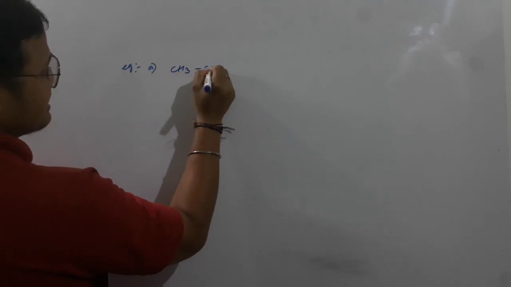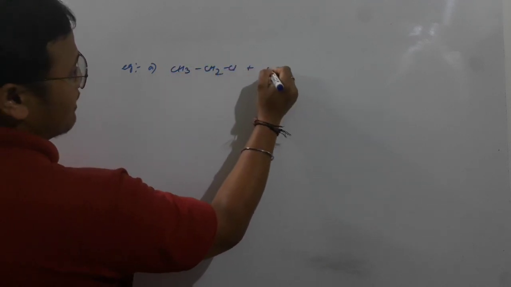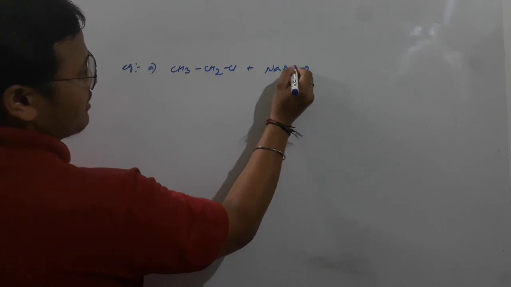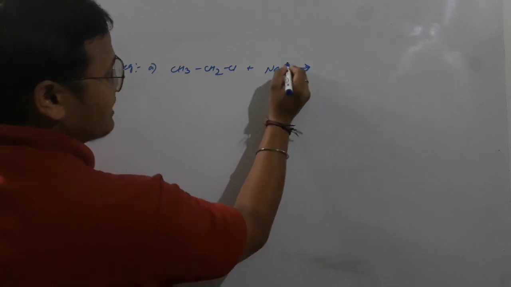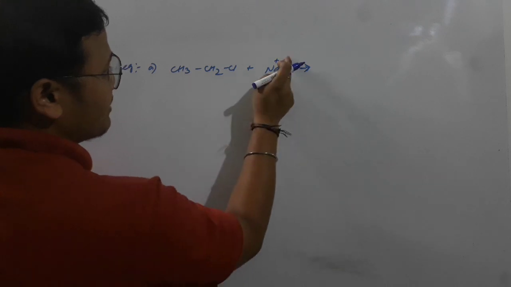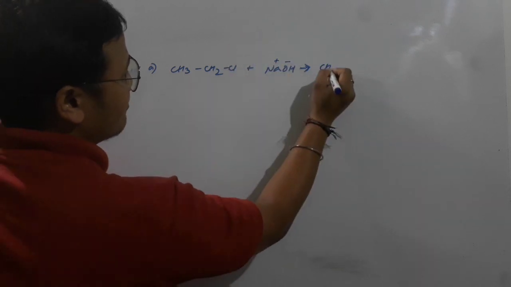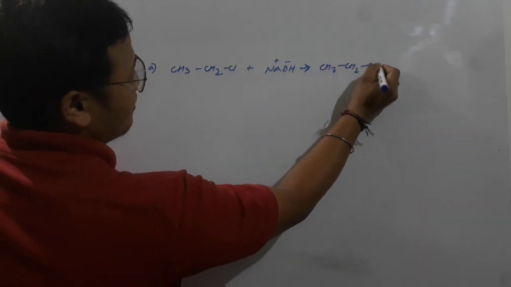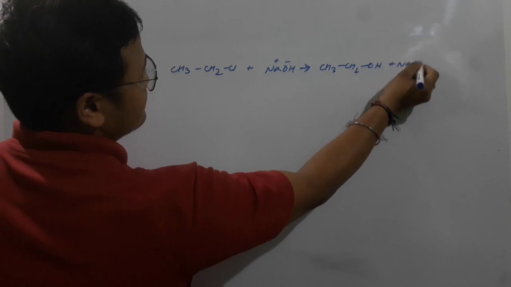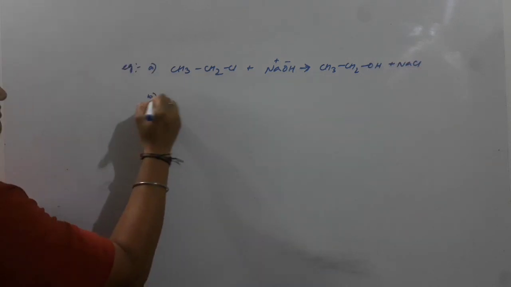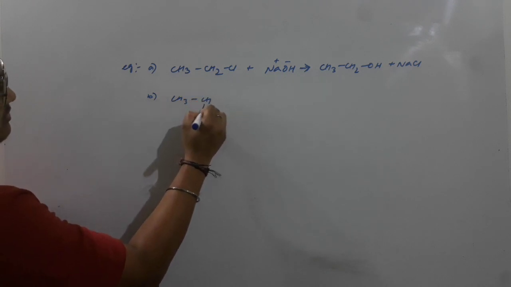Consider I have CH3CH2Cl, and I am reacting with sodium hydroxide. From sodium hydroxide, if we dissociate, negative and positive ions would be there. So in place of this Cl, OH would be here now: CH3CH2OH plus NaCl. These are very simple things. Okay guys, you try to go through these.